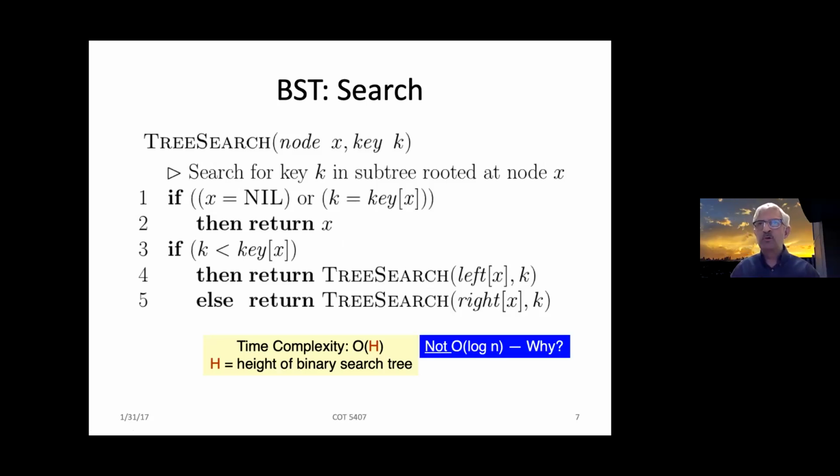And what we also know is that this height doesn't have to be log n. It's only going to be log n if you're able to guarantee that. In general, we'll see in a few minutes that we cannot guarantee that the height of the tree is bound by log n.